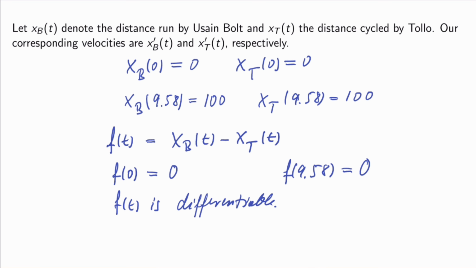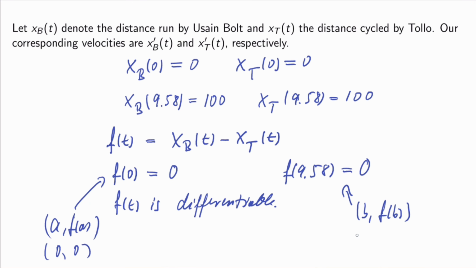So we have a point A, in this case 0, f of A is 0, 0, and this connects to the point 9.58 and 0. By the mean value theorem, there exists a point c between 0 and 9.58 where f prime is equal to 0. Okay, let's do that on the next slide.